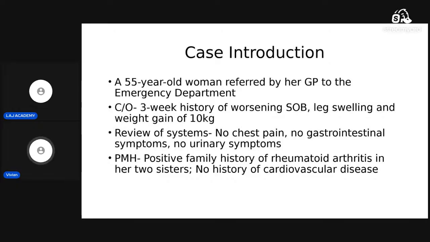In the review of systems, there's no chest pain, no GI symptoms, no urinary symptoms. In her past medical history, she has no history of cardiovascular disease, but she has a positive family history of rheumatoid arthritis in two of her sisters.